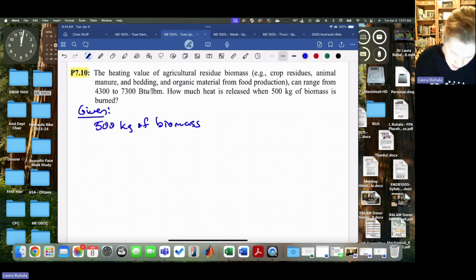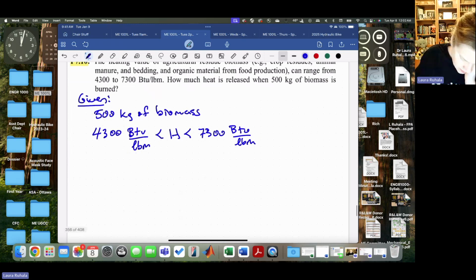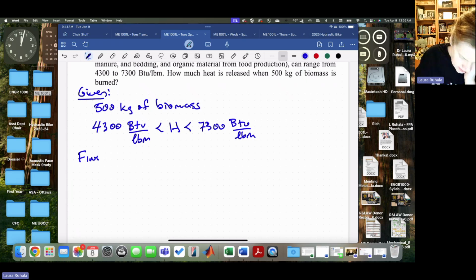And the heating value, H, goes from 4,300 BTU per pound mass to 7,300 BTU per pound mass, where H is the heating value. So what I need to do is find the range of heat.